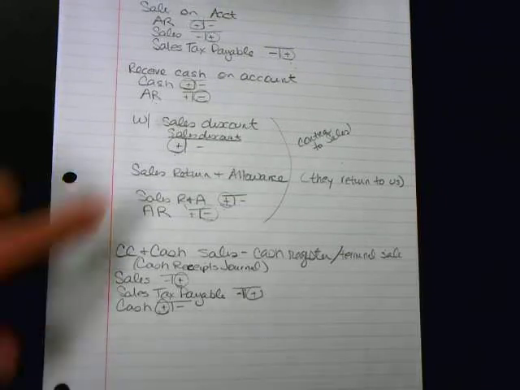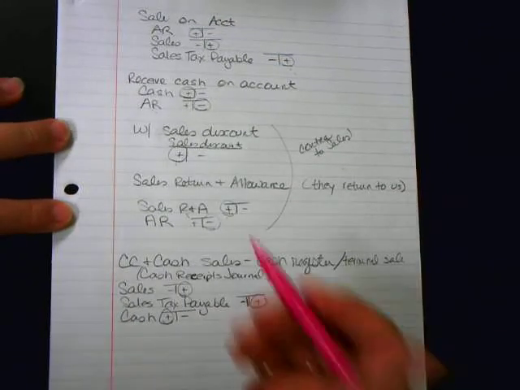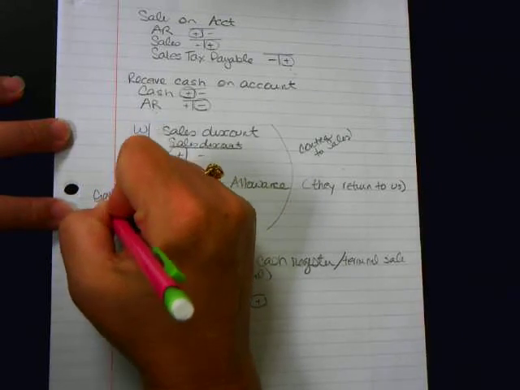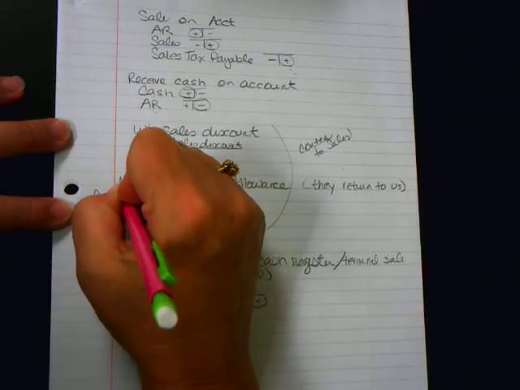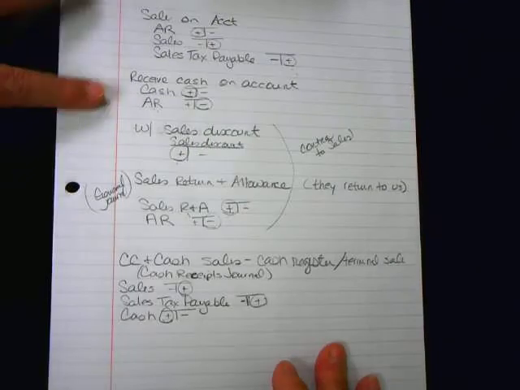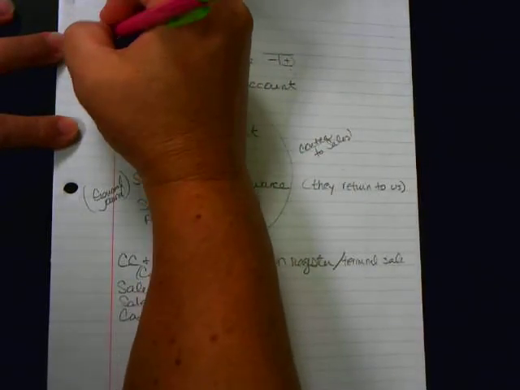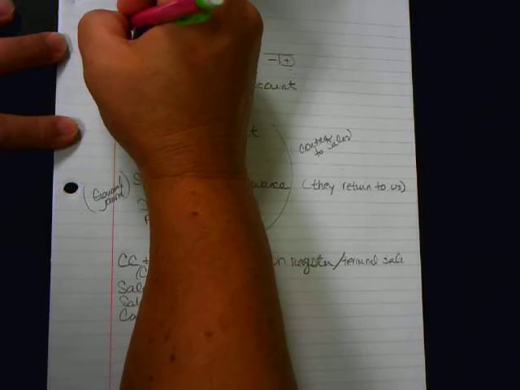Okay. Sales returns and allowance. This is going to go in the general journal. Okay. Sales on account. Of course, that goes in the sales journal. So you have that.